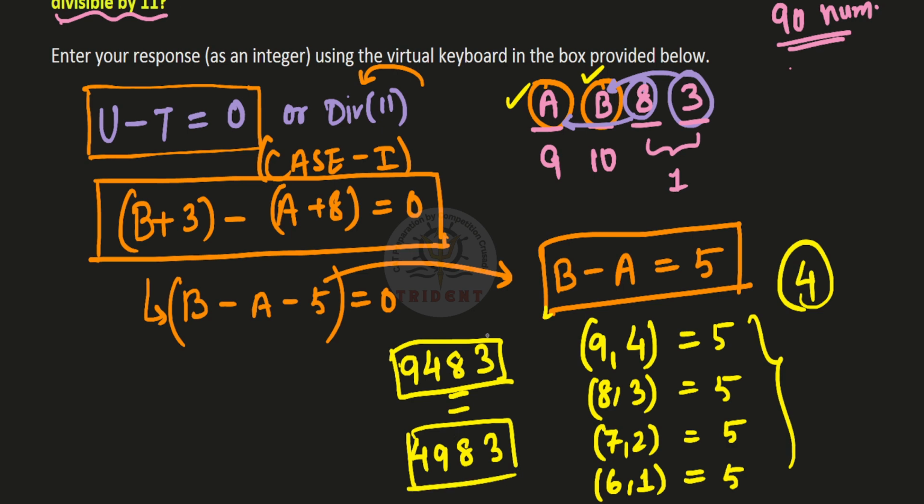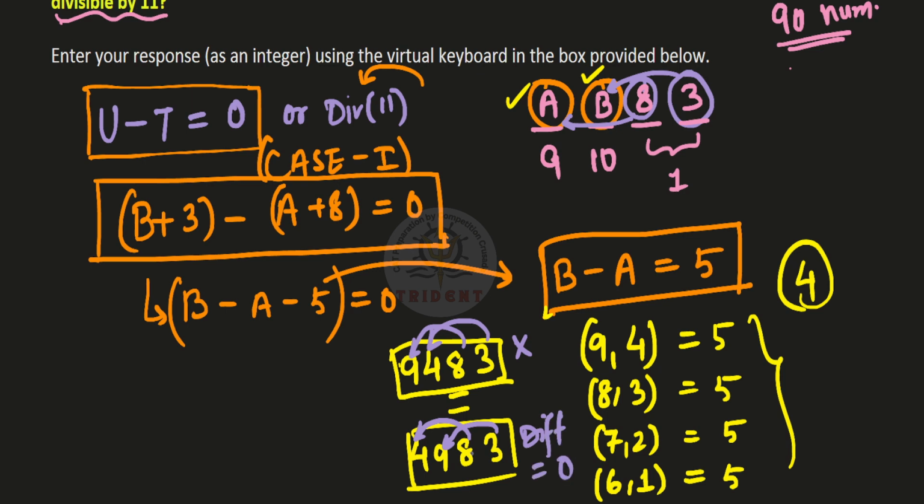So let's look into the alternate digits. In one case this is 7 and this one is 17. So this is not divisible by 11 because the difference is not 0 and not divisible by 11 either. But let's check the other one. 9 and 3 is 12, 8 and 4 is 12. The difference is equal to 0.